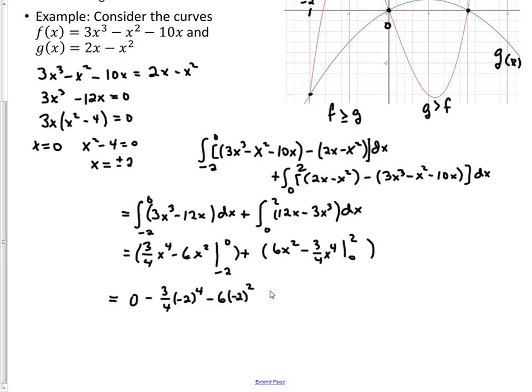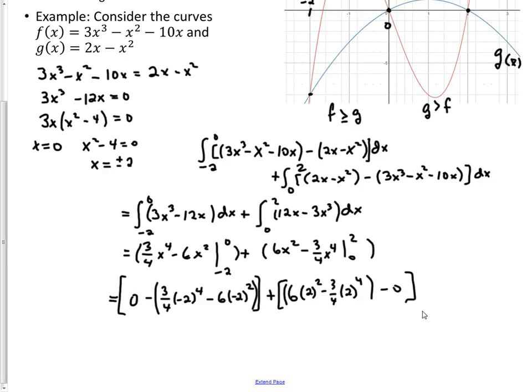And I'm going to be adding to that the quantity that I get right here. Remember, it's 0 minus this quantity here, so we do have to be careful with subtraction signs, right? That's a very big deal. Plus the quantity that we get if we substitute in 2. So 6 times 2 squared minus 3/4 of 2 to the 4th. And all of that is going to be minus 0 in this case.